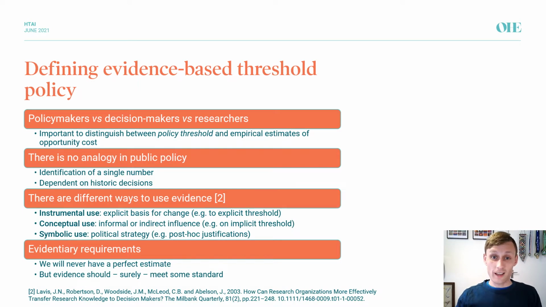So how can thresholds be evidence-based? I think it's important to start by noting that a threshold isn't the same thing to everybody. Policymakers can set thresholds. Decision makers have to make decisions in relation to that threshold, and researchers can argue about what they think the optimal threshold would be. But the most important distinction is that a policy threshold is not synonymous with empirical estimates of opportunity cost.